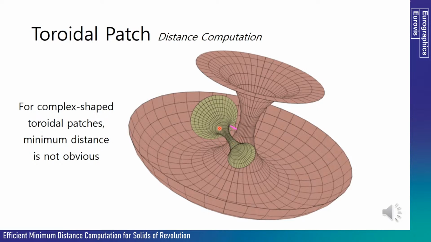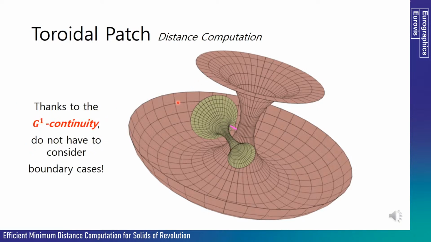If we want to find true minimum distance between these patches, we have to consider every possible case. We have to find minimum distance between inner part of the patches, and also have to find minimum distance between boundary circles. However, as I mentioned earlier, the toroidal patches we use are connected G1 continuously. Therefore, we do not have to consider these boundary cases anymore.